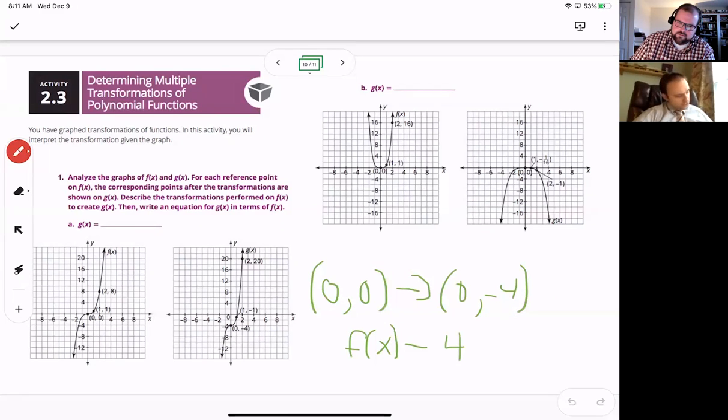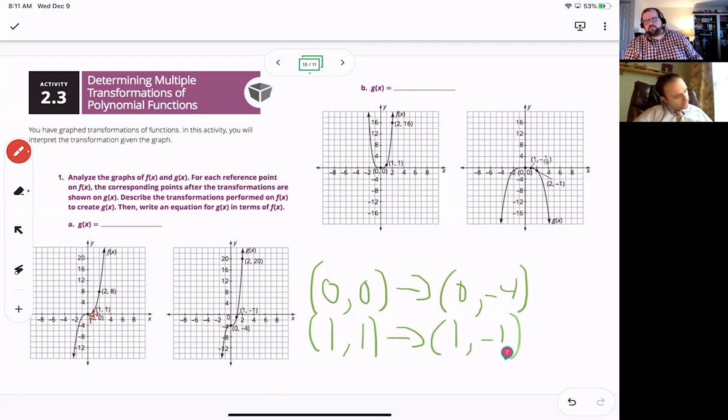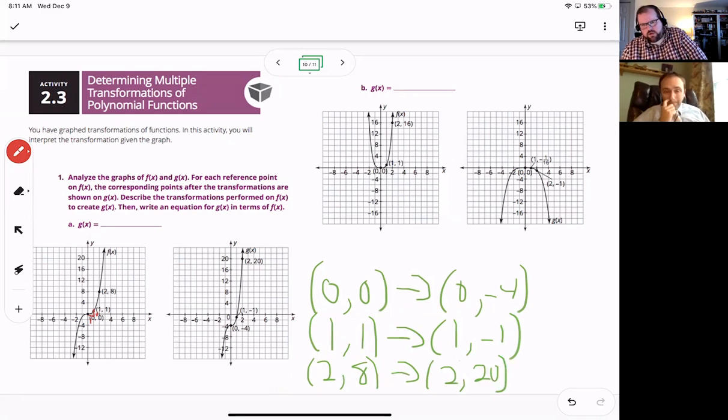We also have to pay attention to the stretch nature of things, where we're going from 1, 1 to 1, negative 1. And then we're going from 2, 8 to 2, 20. So would it be fair to say, and we can really only do this well looking at the first point of this graph going from 0 to 1, that here we're increasing by 1 and here we're increasing by 3.